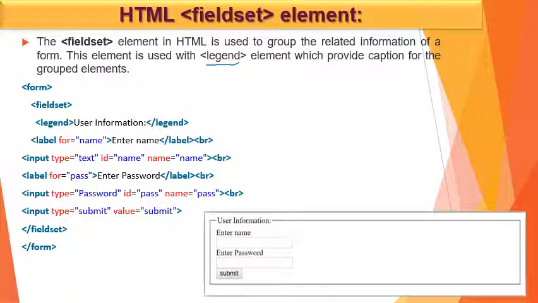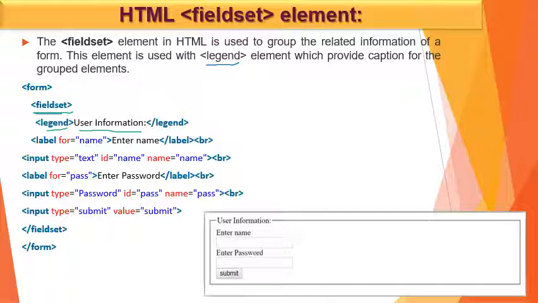For example, in this example, the form is displayed and the fieldset is given. The fieldset actually consists of the legend, and that legend is particularly the caption which is displayed in the form.